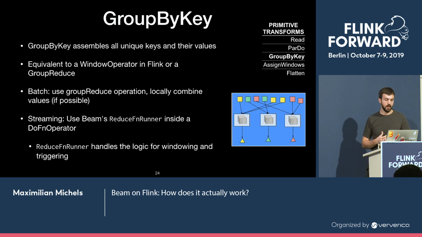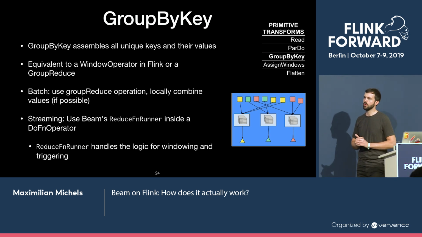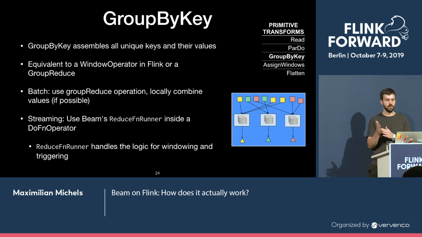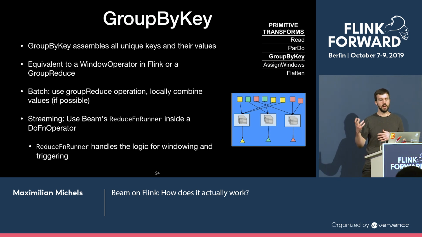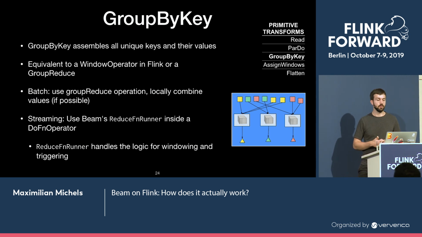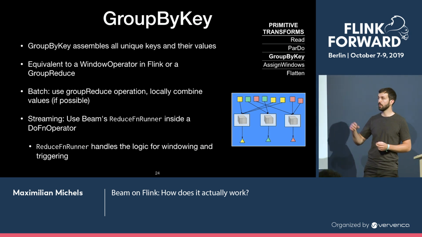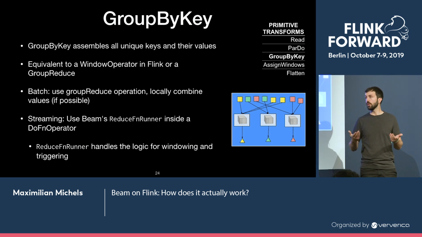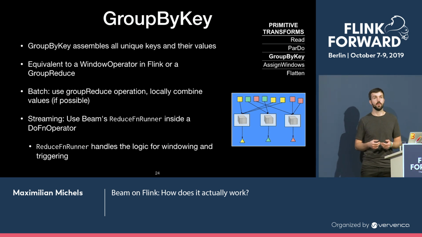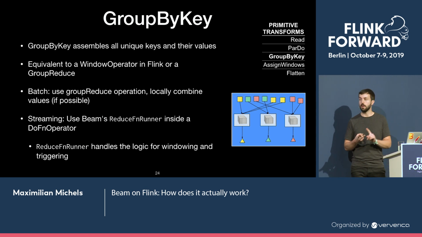And in batch, we actually use the group reduce operation, and we do a local combine of values if we have a combine function, so we avoid sending too much data over the network. And for streaming, we use Beam's ReduceFnRunner. ReduceFnRunner is basically handling all the logic of grouping by the key and by the window.